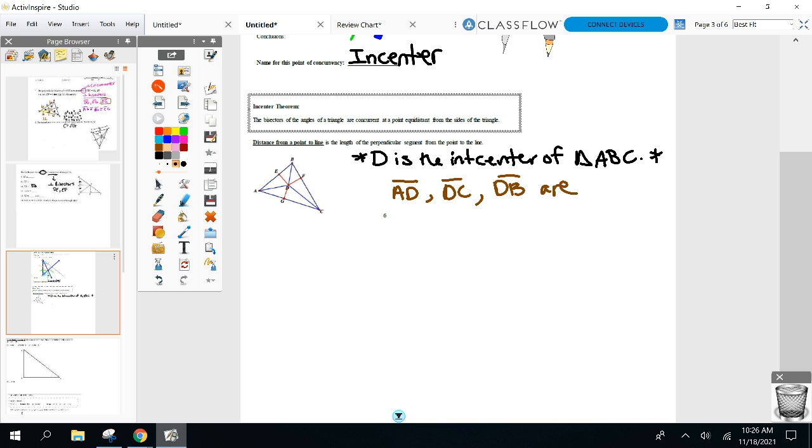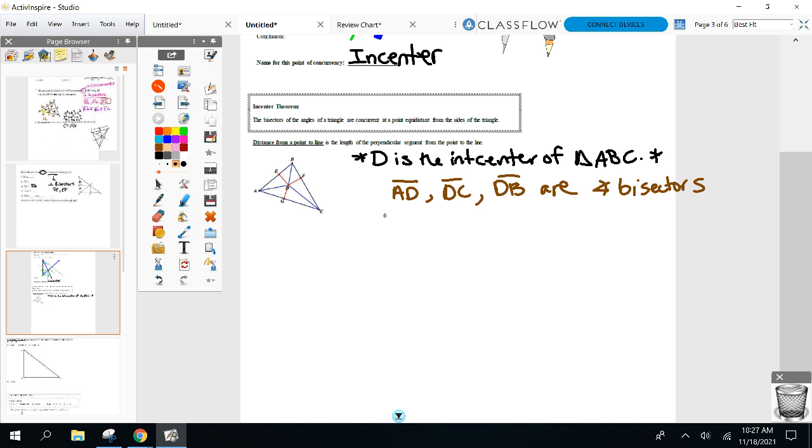How do I form the incenter? What did we just construct above? Does everyone understand how that works? It's formed by angle bisectors. Those are all angle bisectors.